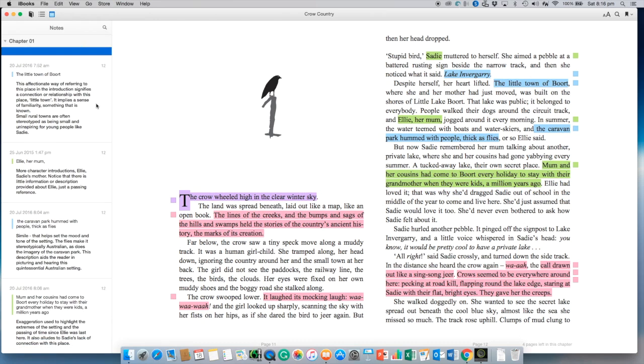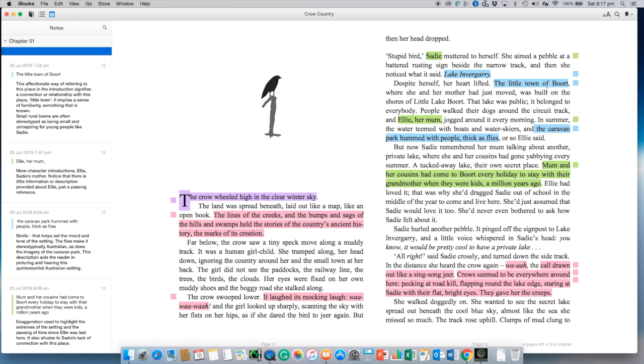And this terminology here, the little town of Bort, implies there is a sense of familiarity or something that is known about this place. For Sadie, that's not the case, but for other people, there is that connection.